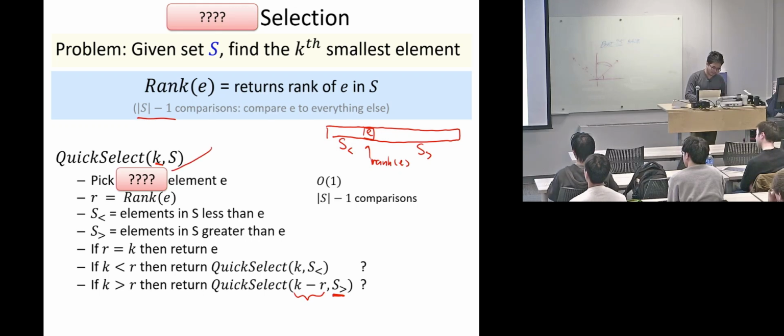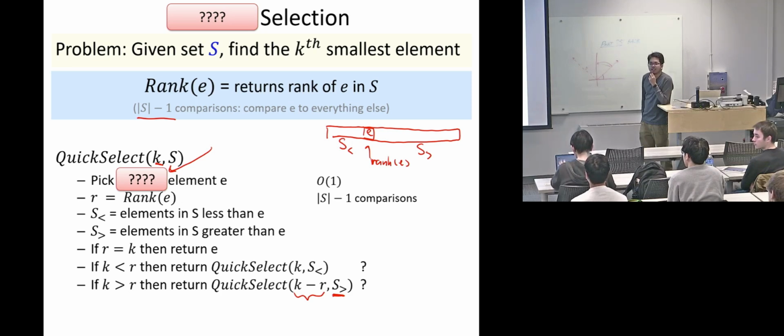Now let me ask you, which element should we pick? This is kind of like the partitioning in quicksort, where you just choose any number and then hope it's good.